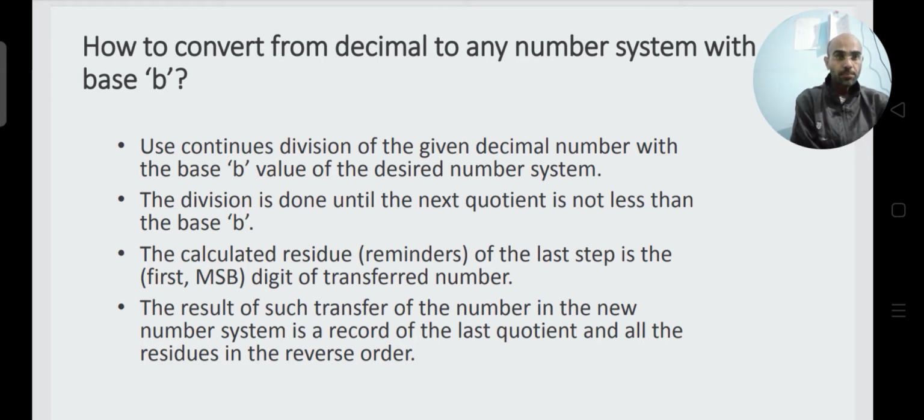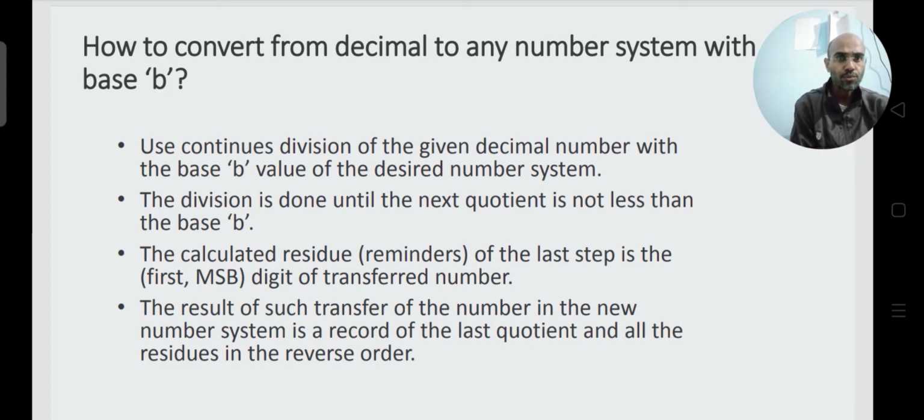The general process to convert the decimal number into the given base is by continuous division of the given decimal number with the base value of the desired number system.